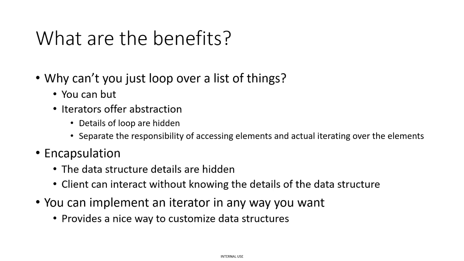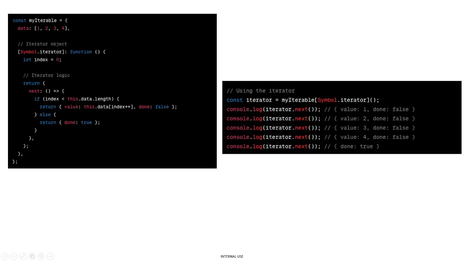I don't want you guys to get confused on these two words, encapsulation and abstraction. I think I kind of confused it here in these 2 bullet points. The details of the loop are hidden. That's kind of encapsulation. Abstraction is like you're abstracting out the function, or you're separating the responsibility from each other. So we saw over here, you're accessing on the right-hand side, but you're iterating on the left-hand side.